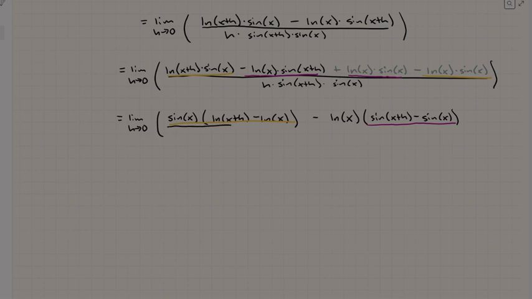Now we just need our denominator. And you know what? Let's go ahead and separate these, right? So this one will be h times sine(x plus h) times sine x. This one will have the same denominator since we're splitting it from the same fraction.